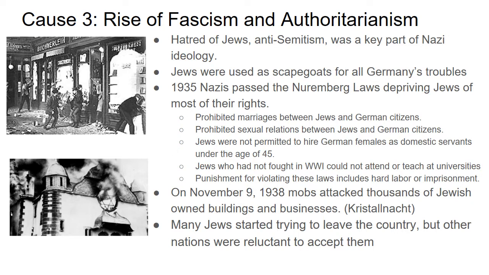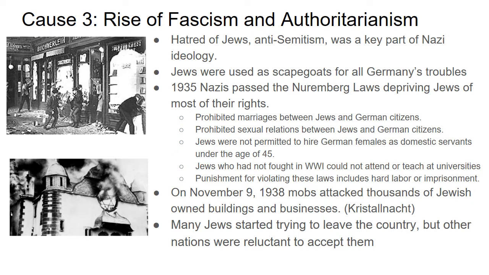Jewish synagogues were burned. Jewish businesses were looted and vandalized. Many Jewish people were beaten up and left for dead on the sidewalk. This night is called Kristallnacht, which translates to the night of broken glass.